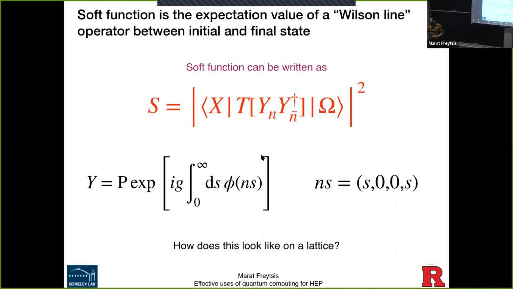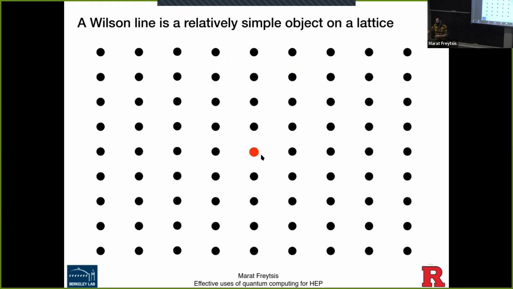But as a process in time, what does this look like? I start off with the vacuum on the lattice. Then I act with one Wilson line, one direction. Then I act at the next point in time, at the next point in space with this field operator.